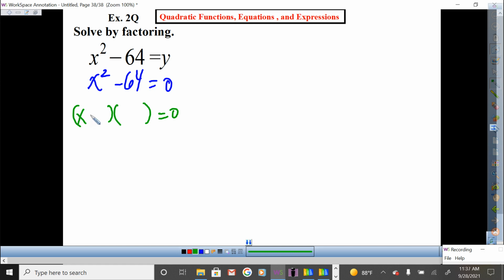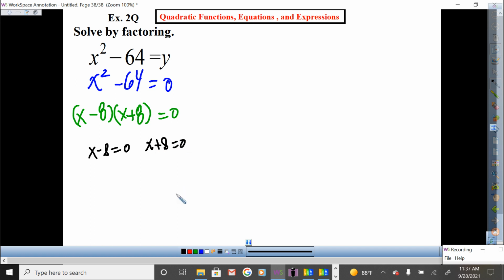x minus 8 and x plus 8. Have you got that? Yeah. From there, continue. Miguel. x minus 8 equals 0. x plus 8 equals 0.